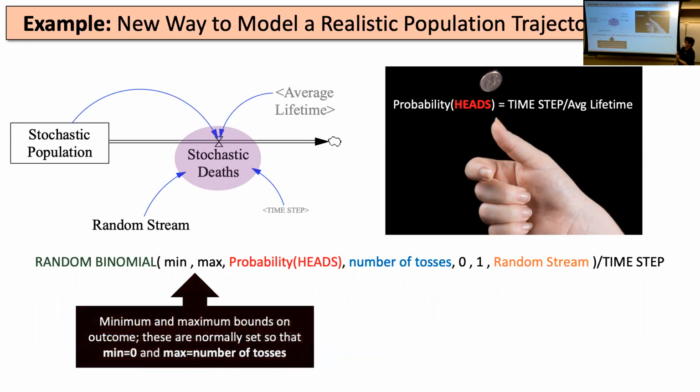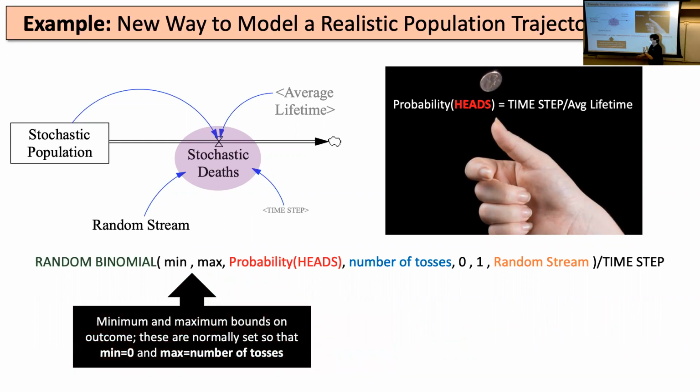And then finally, for this output, it's the minimum value that this thing can give us and the maximum value. And in our case, we want the minimum value to be 0. So the smallest thing that can happen is nobody dies. The maximum value is going to be the number of bacteria. So in any one time step, no more than the number of bacteria can die.